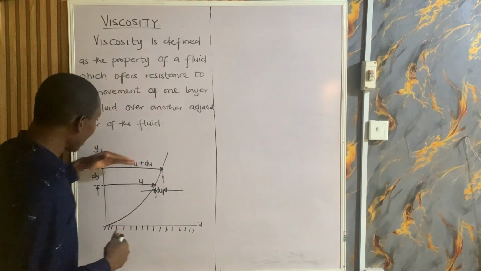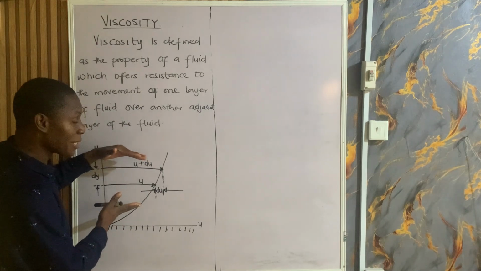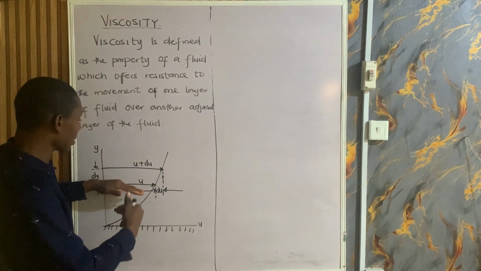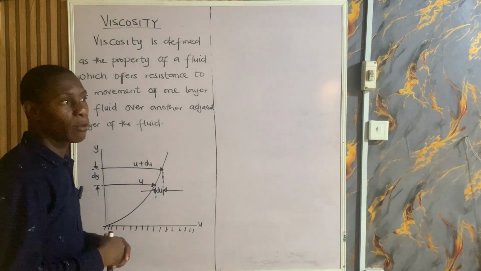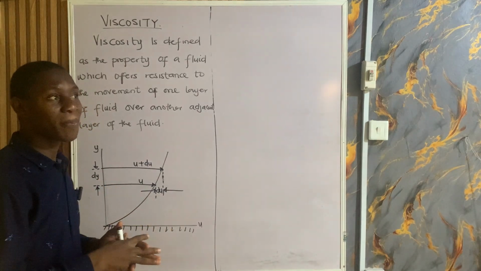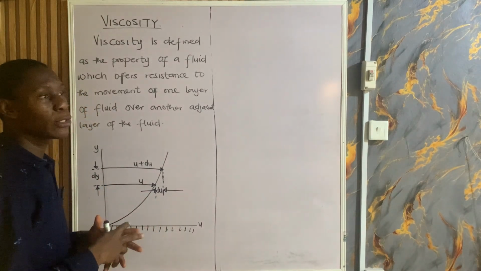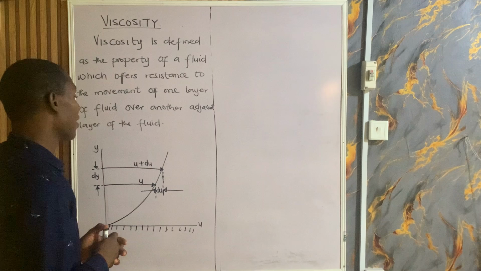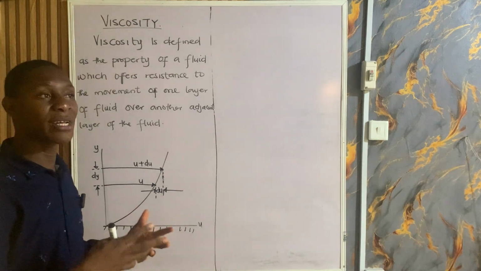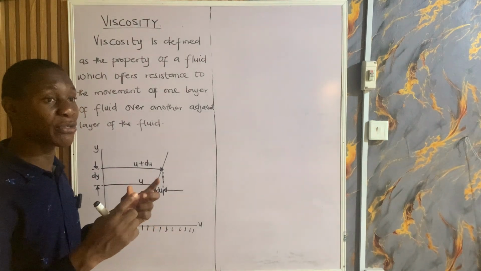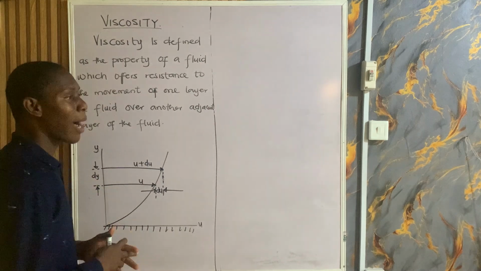So the layer above causes shear stress on the layer beneath, and the layer beneath causes shear stress on the layer above. This shear stress is directly proportional to the velocity gradient, or the change in velocity with respect to y.